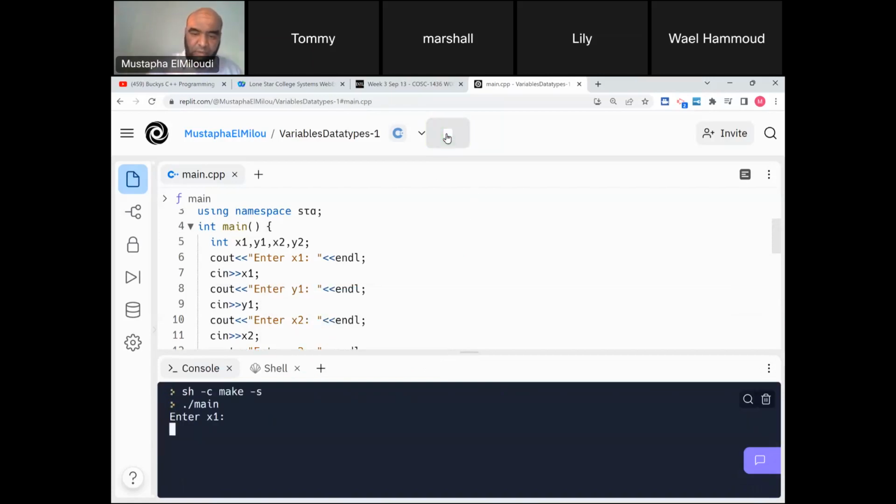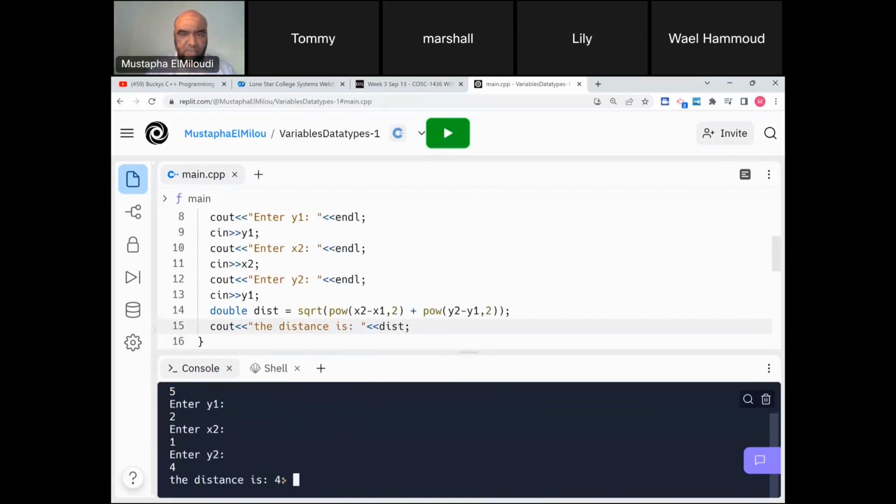I'm going to enter 5, 2, 1, 4. Oh, I have 4. The distance is 4. Is that correct? Let me see. x2 minus x1 squared, y2 minus y1 squared. So let's try different numbers and see. Did we use integer, right?